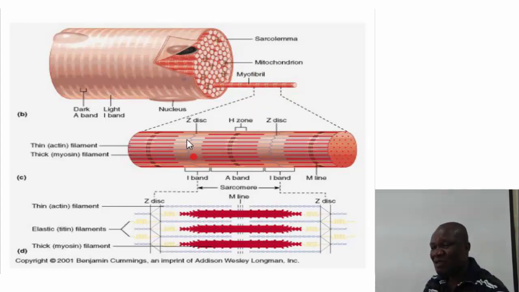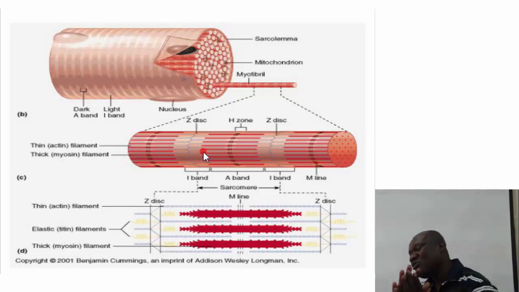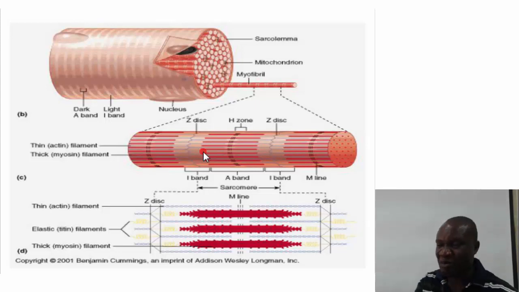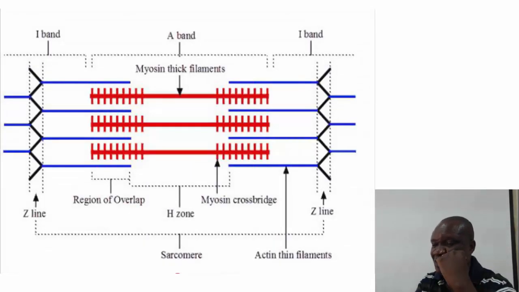So if we take out our myofibril, this is what it looks like. We have bands, and these bands are the striations. Now, we are going to look at a very simplified diagram of the striations. And we have an A band.